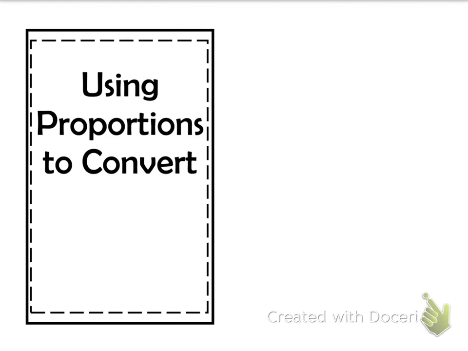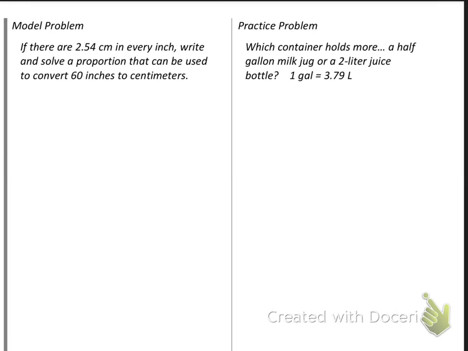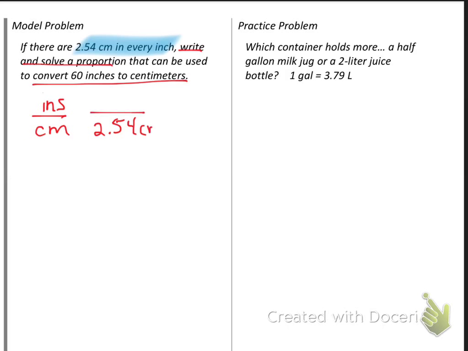Alright, so now let's talk about using proportions to convert. The model problem I'm going to use is: if there are 2.54 centimeters in every inch, write and solve a proportion that can be used to convert 60 inches to centimeters. So my proportion is going to be inches over centimeters. I know that there are 2.54 centimeters in every 1 inch.